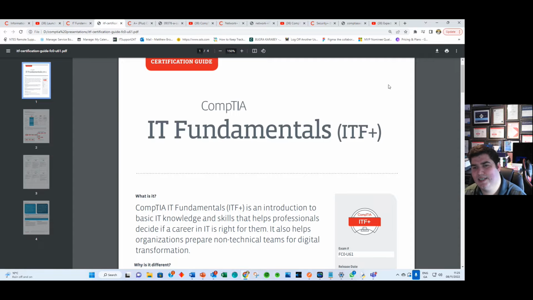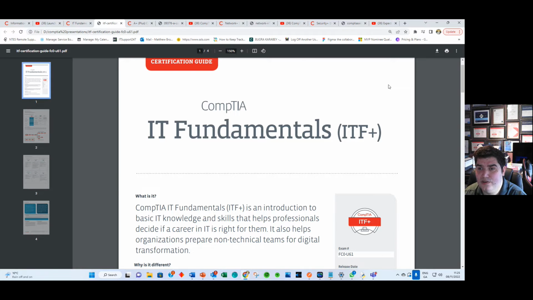And what CompTIA ITF Plus does is it validates that basic baseline knowledge of IT. And if you're going into the IT sector, you really should have it. Because of the cost, I would consider it a worthwhile certification. It's a great way to start your career.